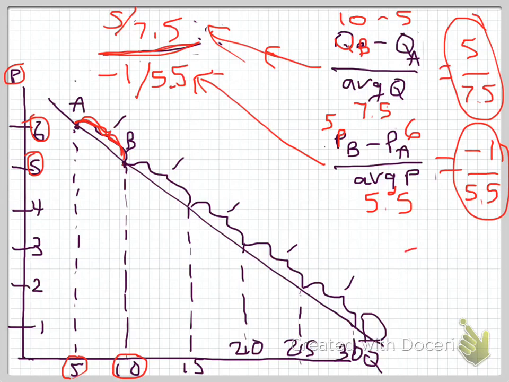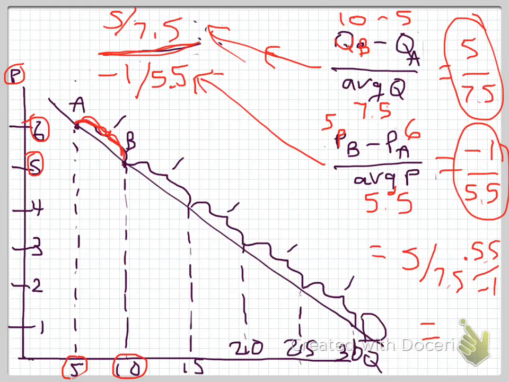I'm going to say all of that is equal to 5 divided by 7.5 times, I'm going to take the percentage change in price fraction and find the reciprocal, 5.5 over minus 1.